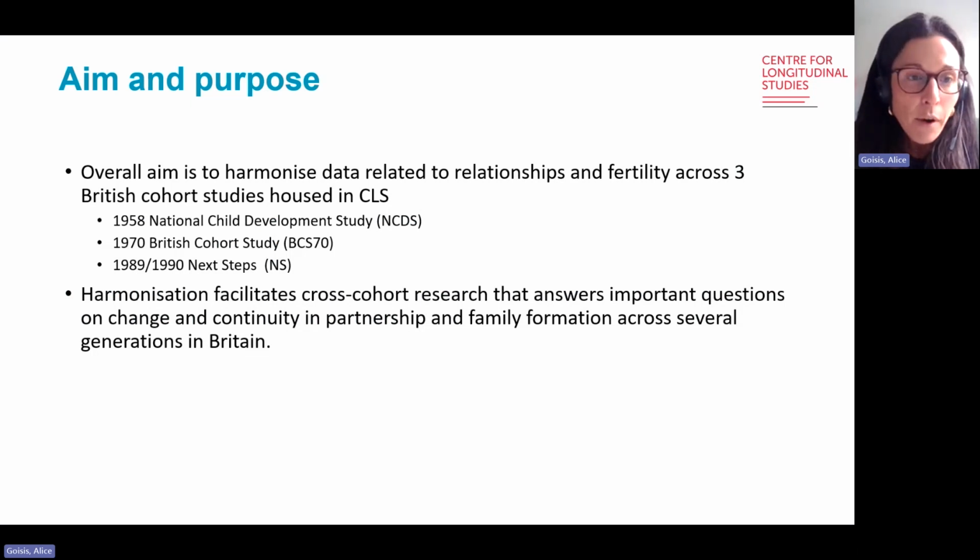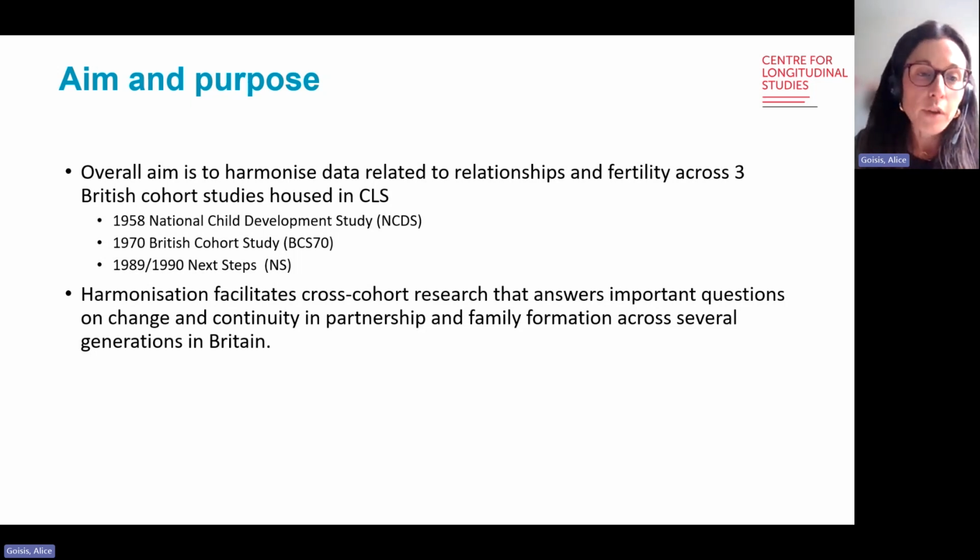So the overall aim of this stream of work is to harmonize data related to relationships and fertility across 3 British cohort studies housed in CLS, which Vanessa has just introduced. So the 1958 National Child Development Study, the 1970 British Cohort Study, and Next Steps, which includes children born between 1989 and 1990.